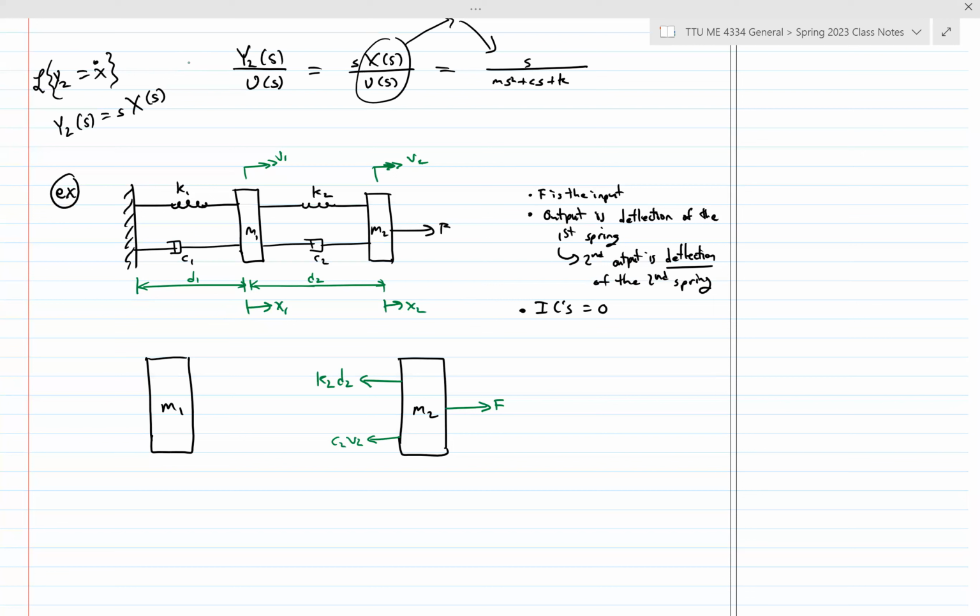But how is D2 defined here? D2 is x2 minus x1. That's what I was just discussing. You guys are thinking in terms of absolute positions of the masses, and I think in terms of deflections of the springs themselves. So it would be K D2, but D2 is x2 minus x1.